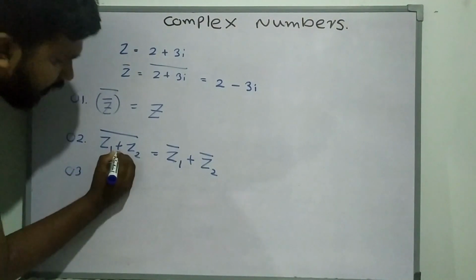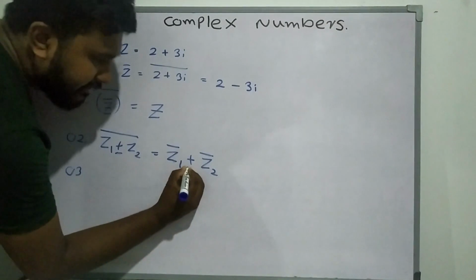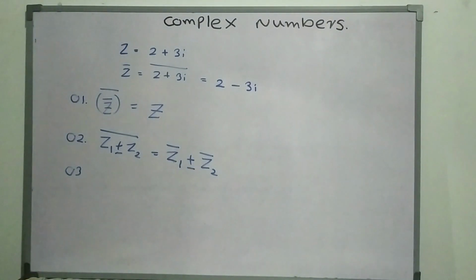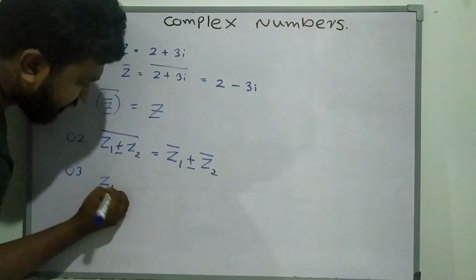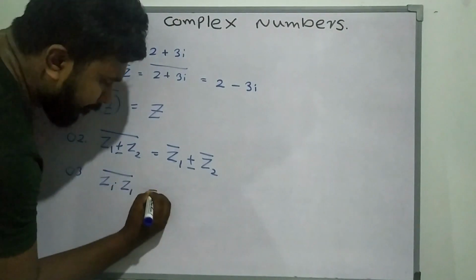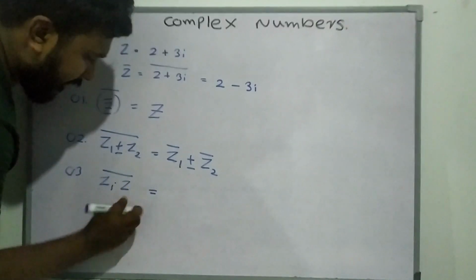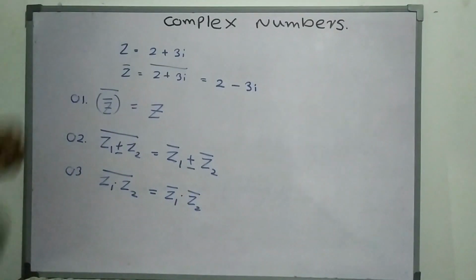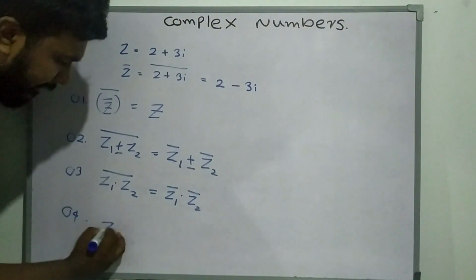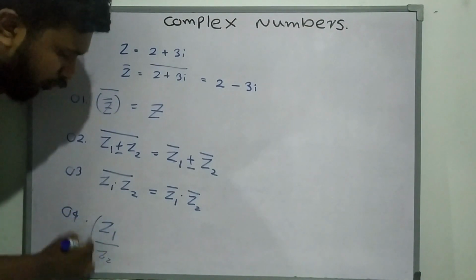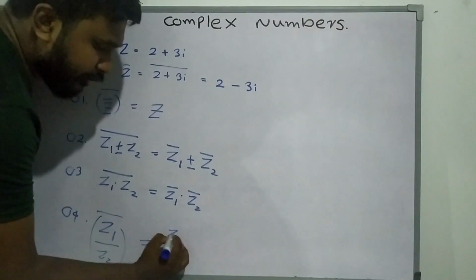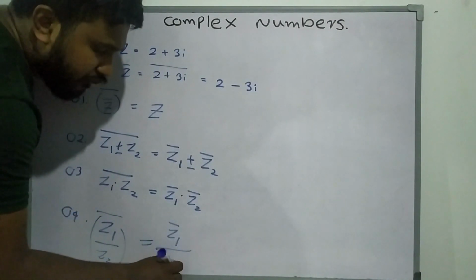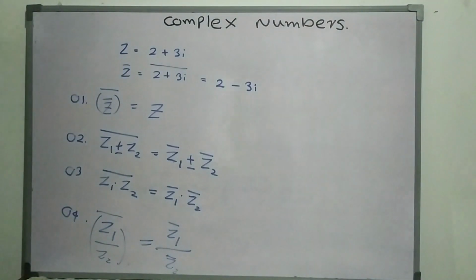The third one, with a minus, is also the same; the negative operation is also the same. Also the product: z1 into z2, the whole thing bar, and the fourth one, z1 over z2, the whole thing bar, equal to z1 bar over z2 bar.